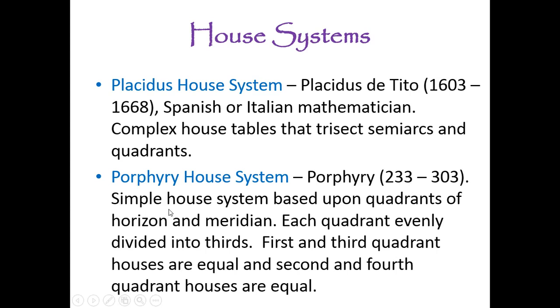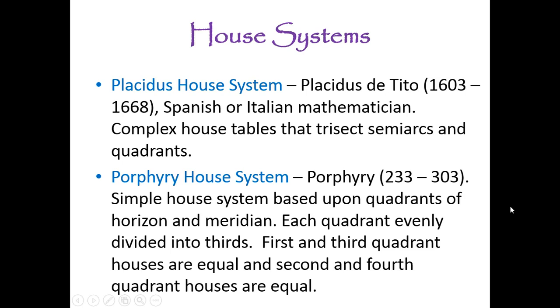It's known as a more simple house system based upon quadrants of the horizon and meridian. Remember, wherever we're born, we have that horizon straight out. If we reach our arms straight out from us, that's a horizon. And then if we look directly above us and put our arms vertical up and below, that's our meridian.